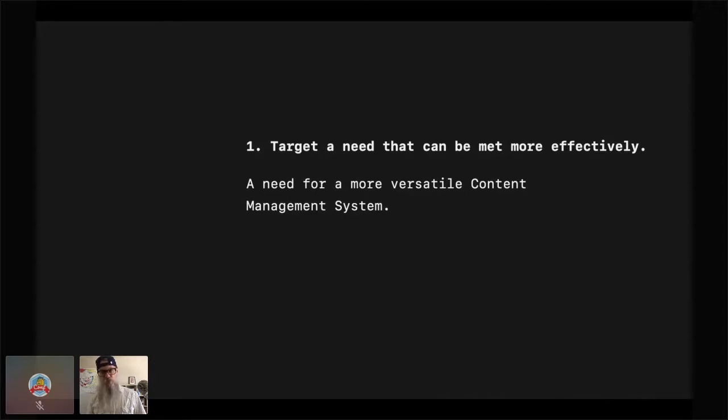Another need I would say would be to unify the various interfaces within WordPress itself, and that's a more focused WordPress need.